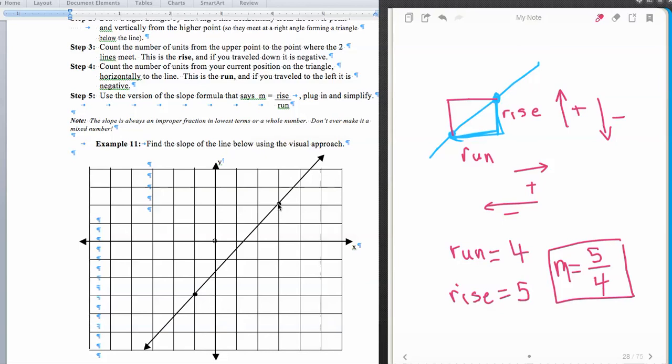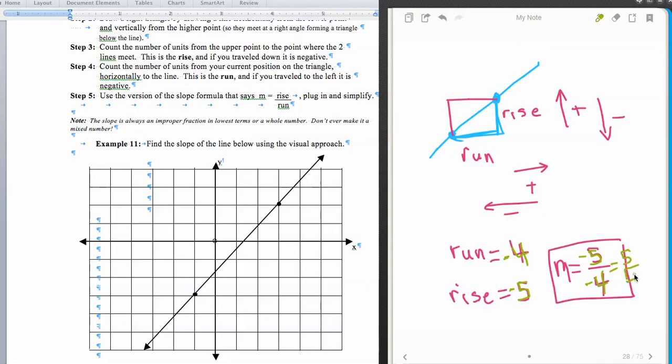Now you see it doesn't make any difference if I started here and counted back this way, 1, 2, 3, and 4, which would make it a negative 4. If I have a negative 4 as a run, and then from there I go down 1, 2, 3, 4, and 5, this becomes a negative 5, and then I have a negative 5 over a negative 4, and that of course still simplifies down to 5 over 4.